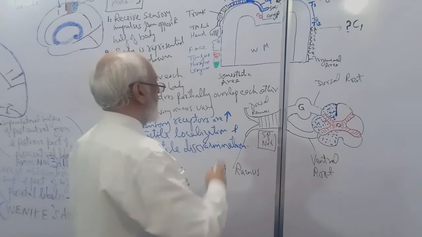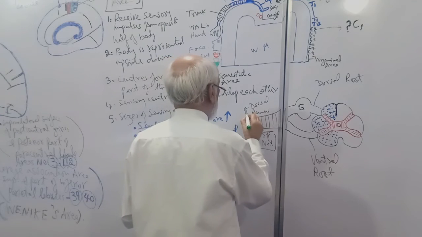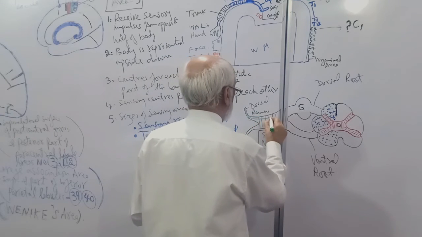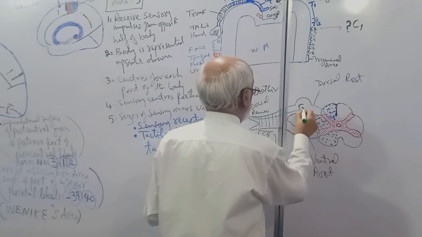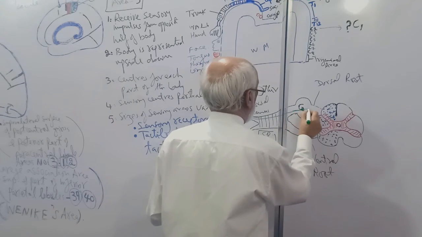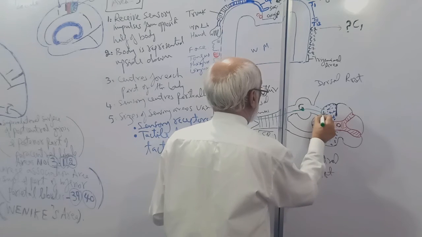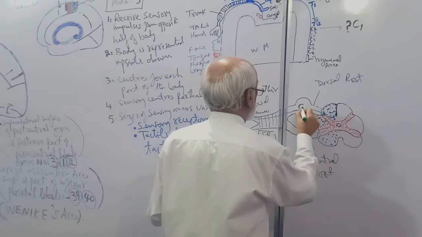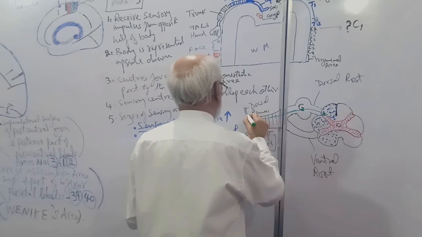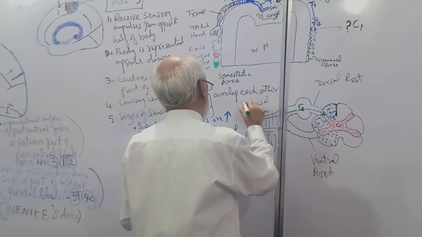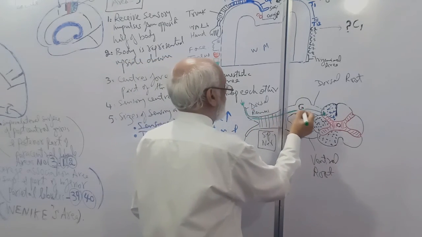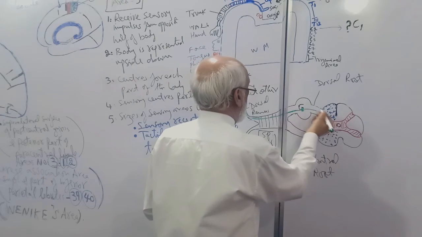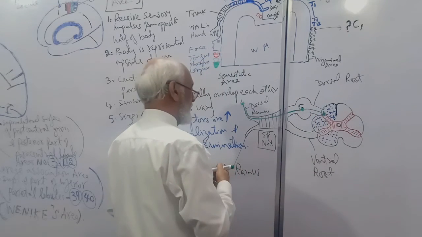Now here, from the body, the sensory fibers pass through the spinal nerve, relay in the spinal ganglion, and from the spinal ganglia enter into the posterior horn. These sensory fibers from the body carry touch, pain, temperature, etc. So sensory fibers follow the dorsal root and enter the spinal cord.